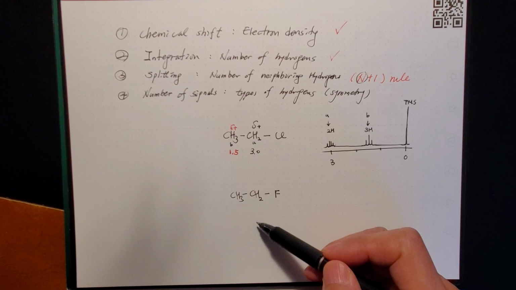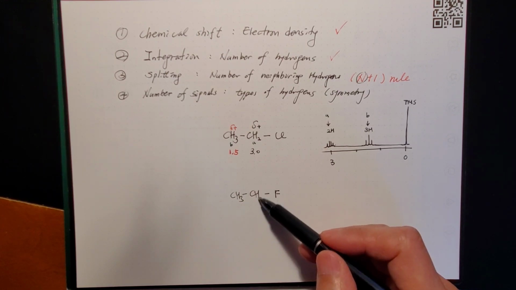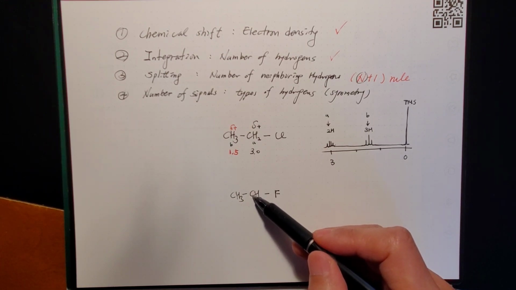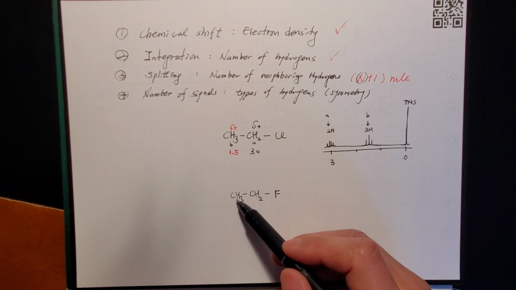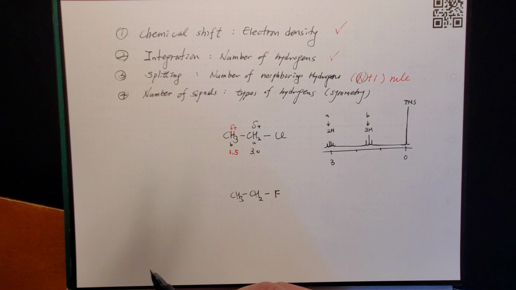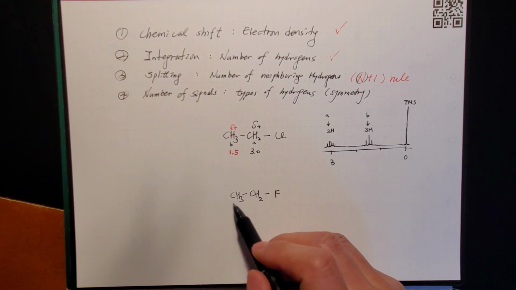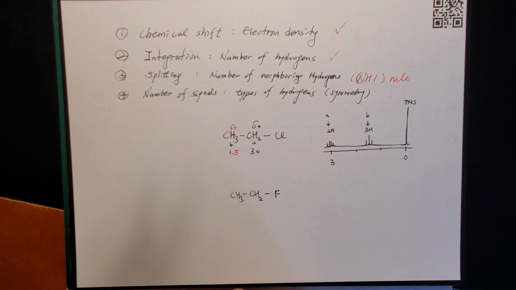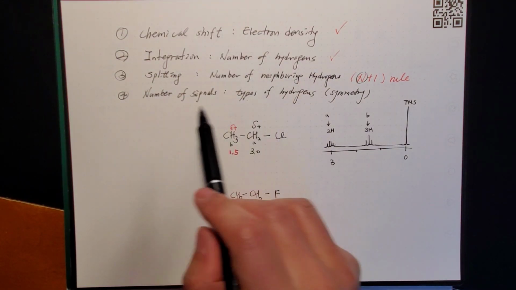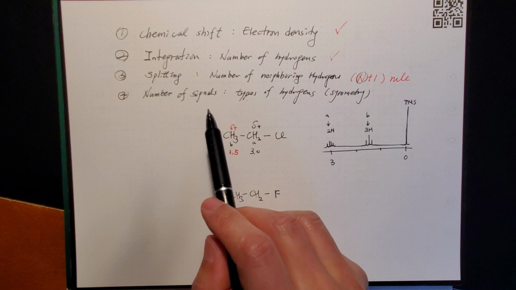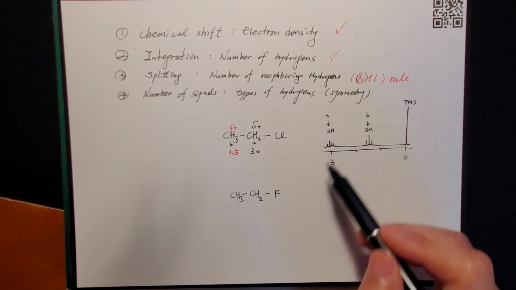Same amount of charges. Also in space, on the tetrahedral carbon, those two hydrogens are identical. Those three are also identical. So you have two types of hydrogen. So you expect two signals, okay? Number of signals, two types.